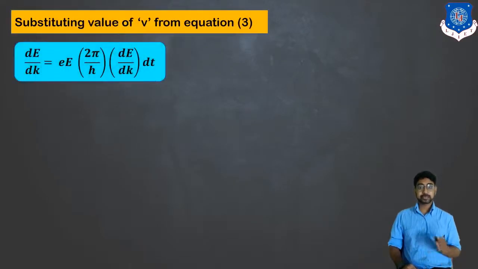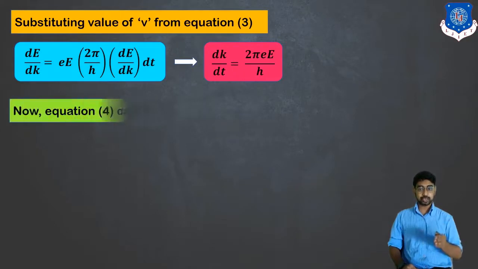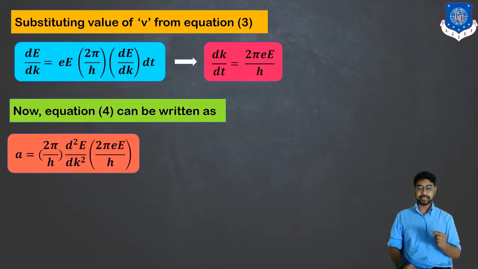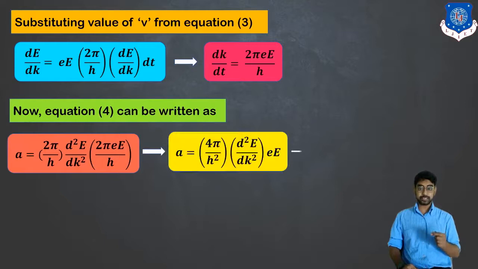So now substituting the value of v from equation 3 to here, what we are getting, dE/dk is equal to eE into (2π/h dE/dk) into dt, where dk/dt is equal to 2πeE/h.